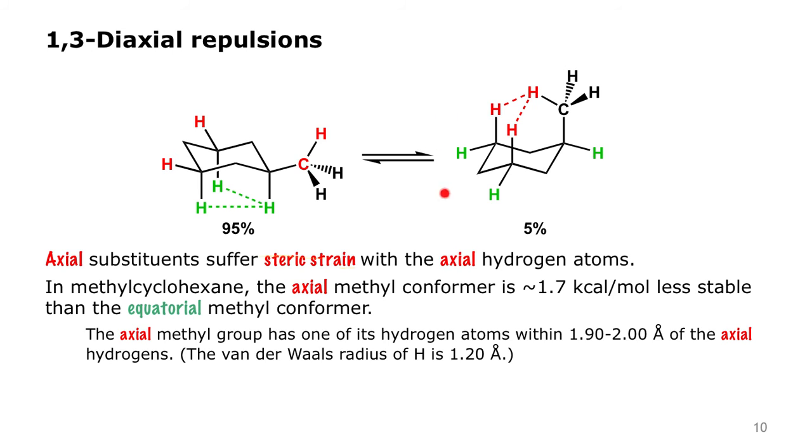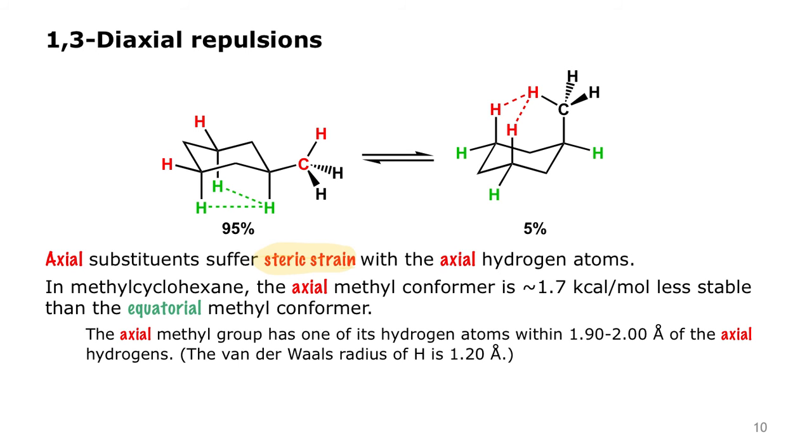But in the other conformation, where the methyl group moves into this axial position, we have a very particular type of steric strain that arises. So the reason that the minor conformation is the minor conformation is this, right in here, that methyl group now, when it's in the axial position, places its hydrogens in close proximity to these neighboring hydrogens.